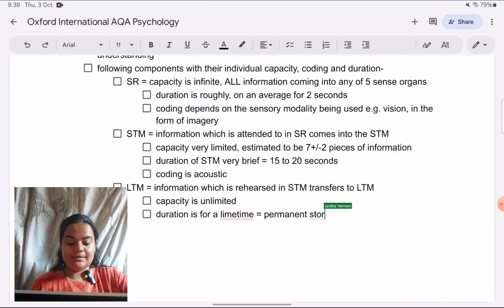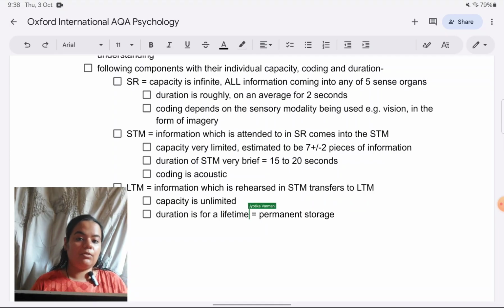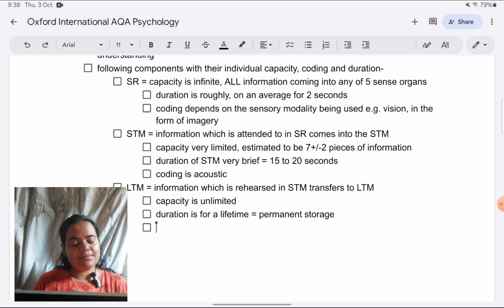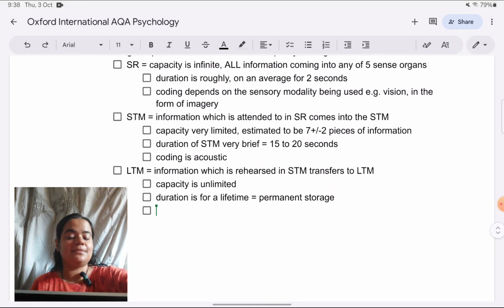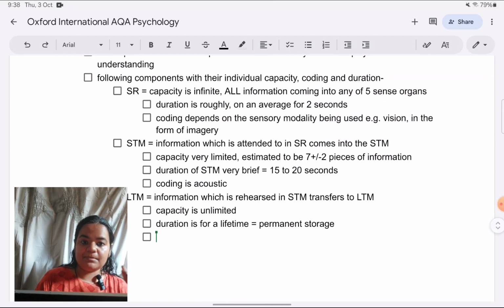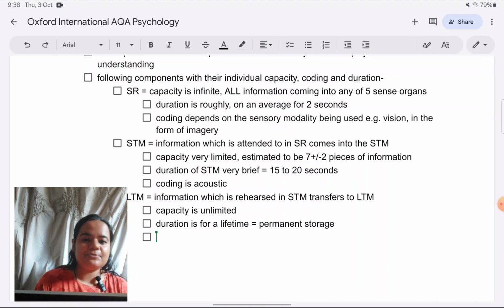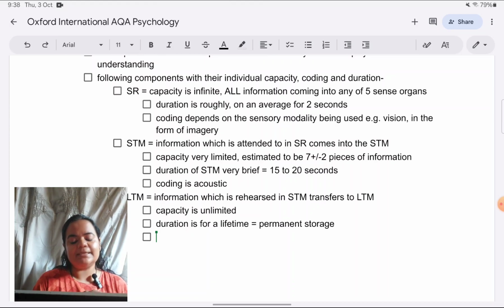So it is estimated that whatever information is there in long-term memory stays forever. It can get suppressed, but it does not get forgotten because, like we've seen, different methods have been used. Sometimes people claim they can't remember something from the past, but if we use a different method of recall, like recognition instead of recall, they're able to remember. So it is estimated to be permanent, never gets deleted.